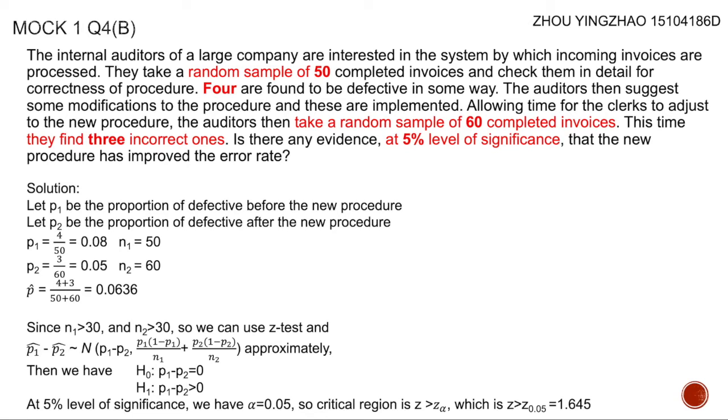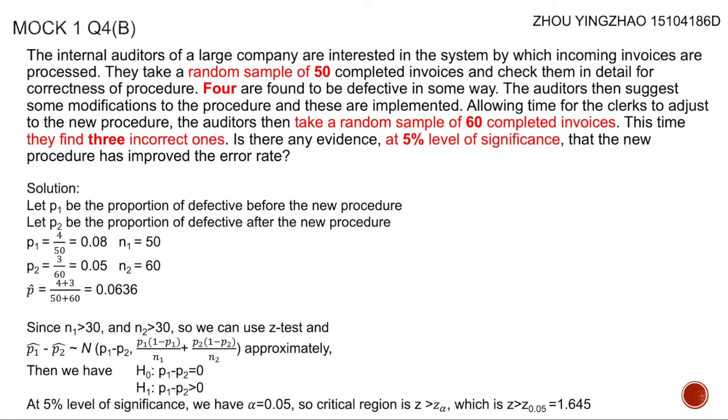And also we have P hat, which is 0.0636. Since N1 is greater than 30 and N2 is greater than 30 as well, we can use the z-test, and we have the hypothesis.